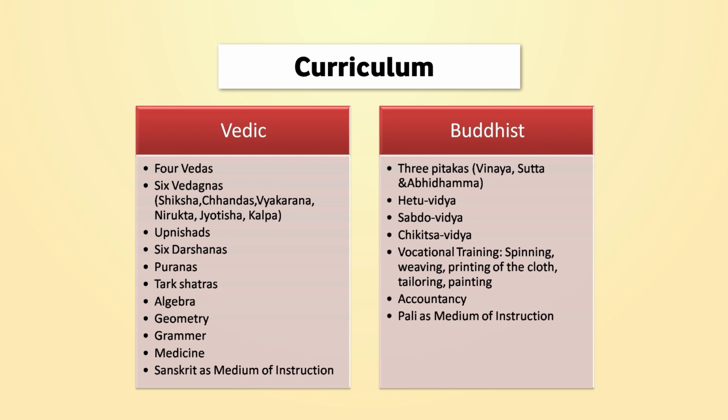It is also important that in the Vedic period, physical education, for example archery and wrestling, was given more importance, and the physical development of the students was given priority at that time. And in the Buddhist period, the medium of instruction was Pali, the language of Buddhists. This is the major difference you can see between the curriculum during the Vedic as well as Buddhist periods.